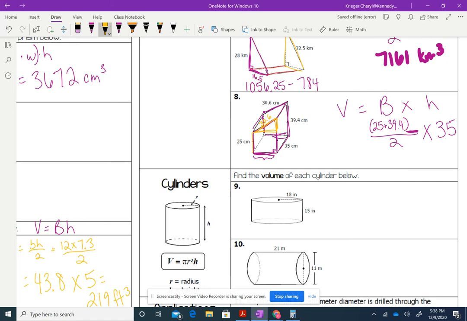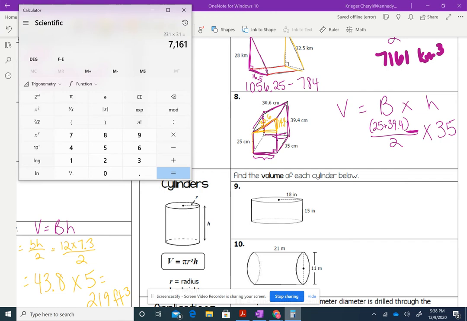So that's 14.4. And I'm going to need to find the other leg.